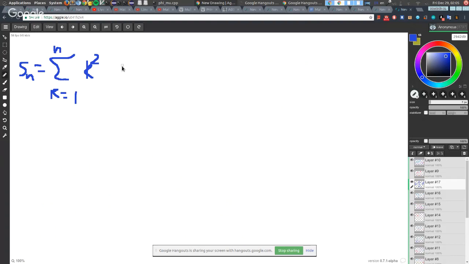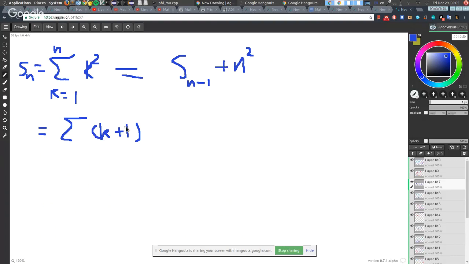Here we can get the first way by excluding the last term. The other way would be doing this: we shift all the numbers by 1. Here we start from k equals 0 until n minus 1.